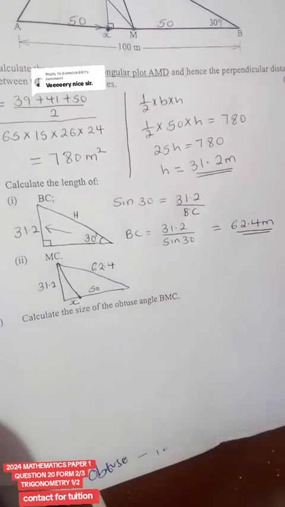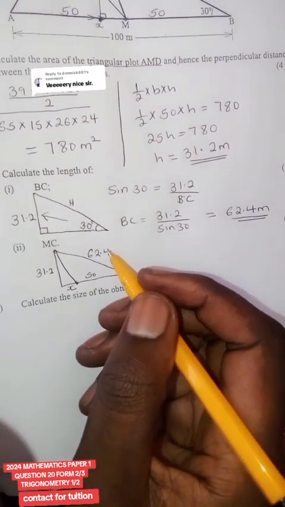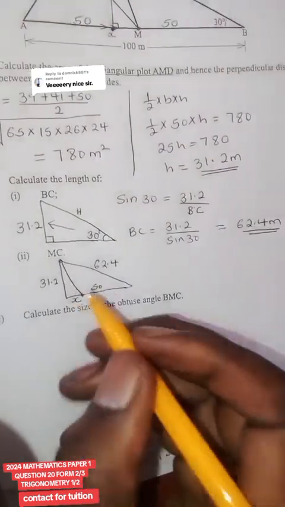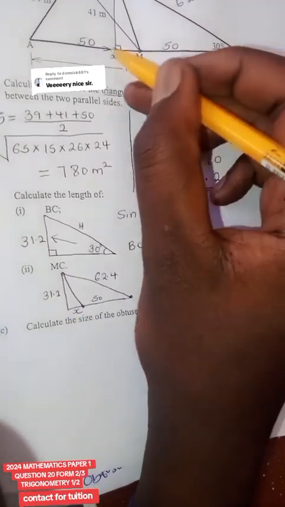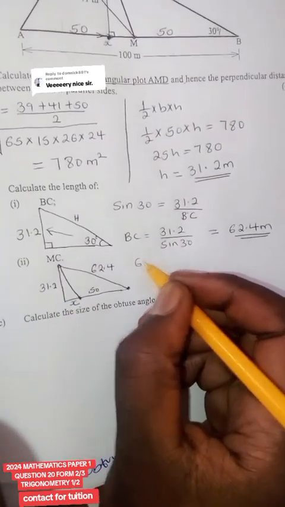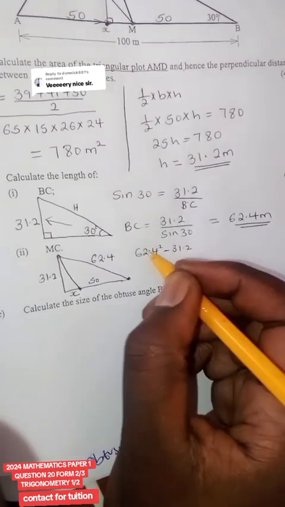So what we are going to do there is that first of all, we can find the total distance from this point here, B, to X. We can find it using Pythagoras theorem. Therefore, I'll say that 62.4 squared subtract 31.2 squared.